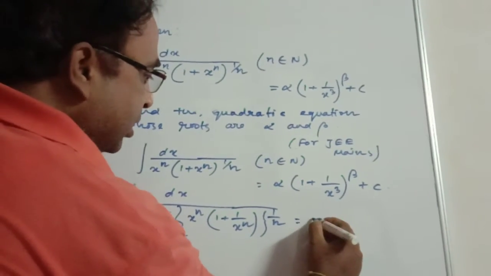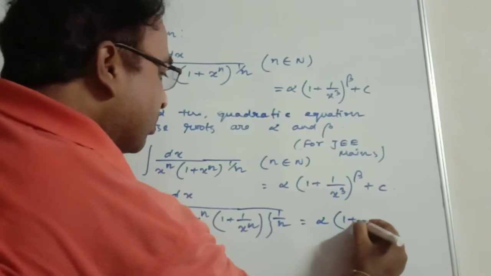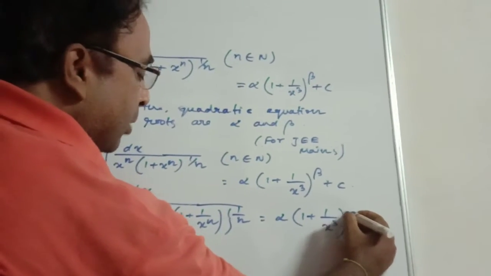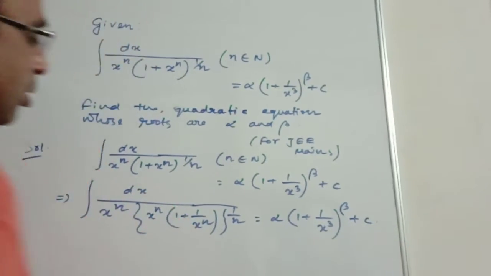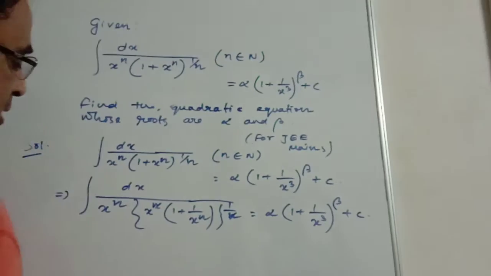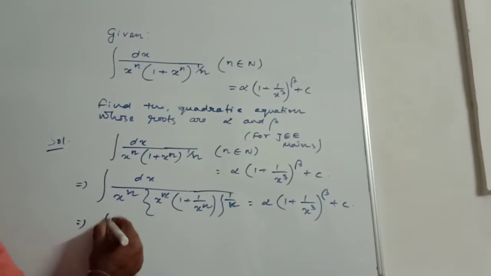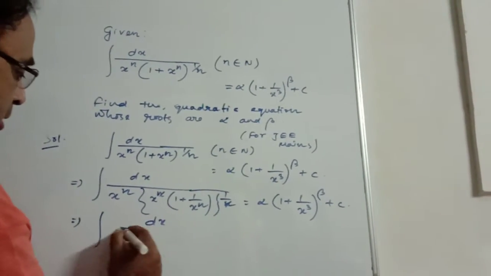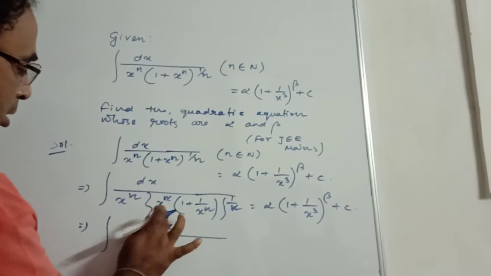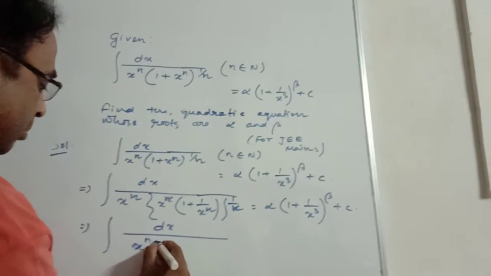Okay, and that is equal to alpha into (1 plus 1 by x cube) to the power beta. Here n and n will be cancelled out, so it becomes like this. x to the power n into x becomes x to the power n plus 1.